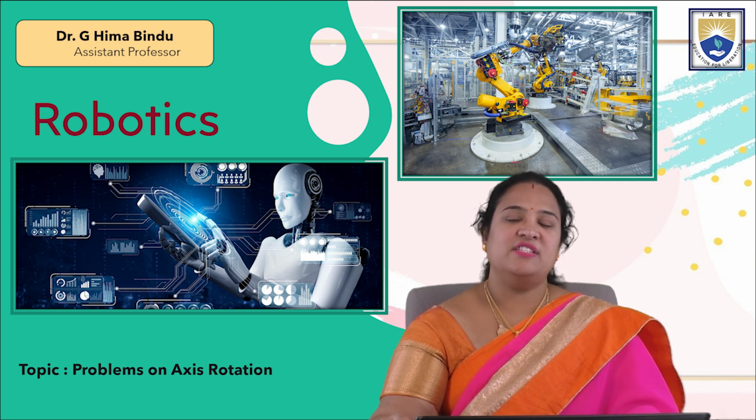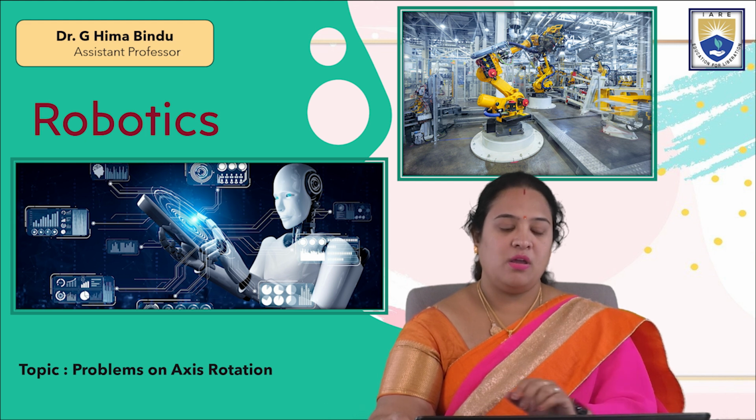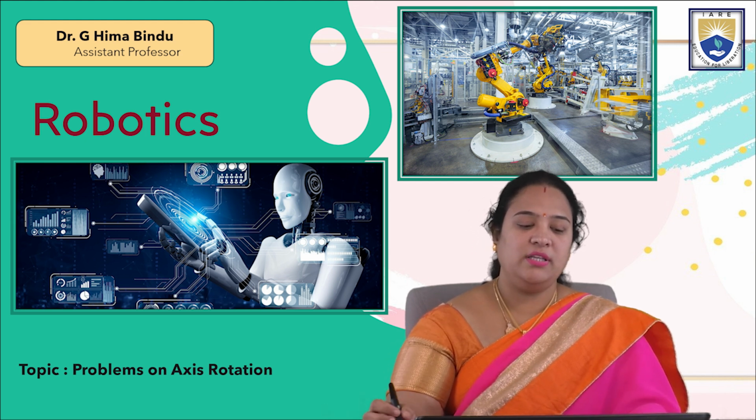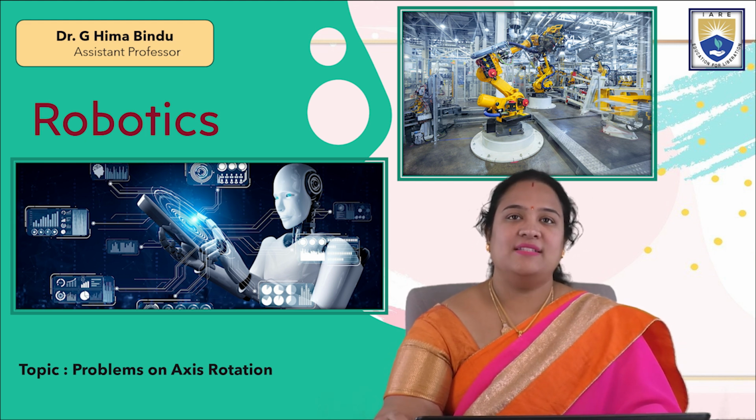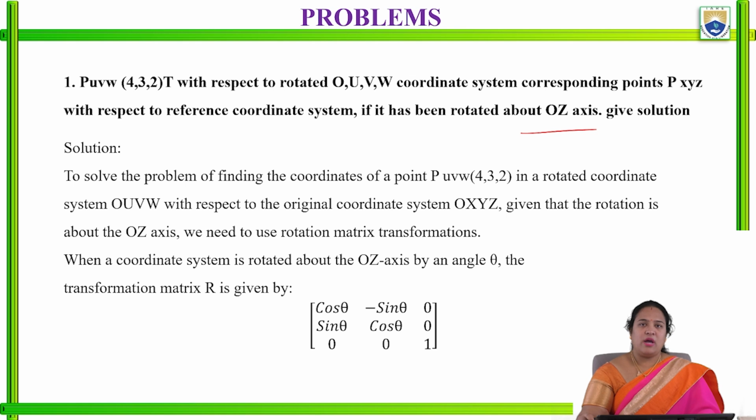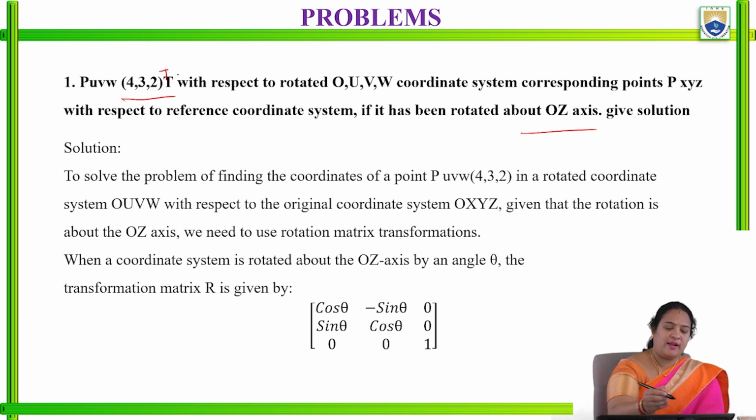And today we will discuss a few problems on axis rotation, right? As you can see in the present question, we have a point P with axes U, V and W, with the coordinates 4, 3 and 2 transpose.